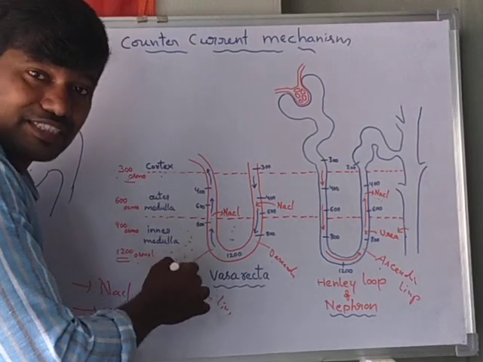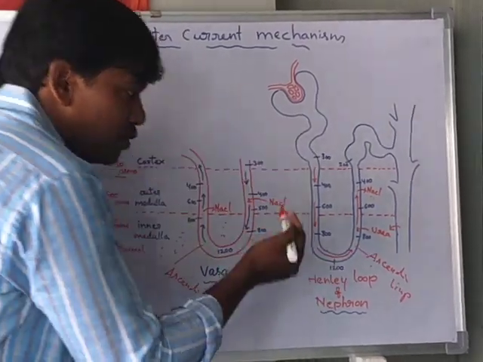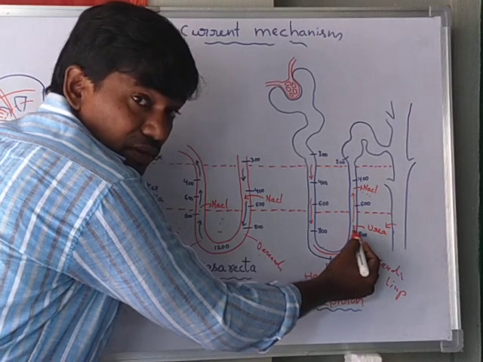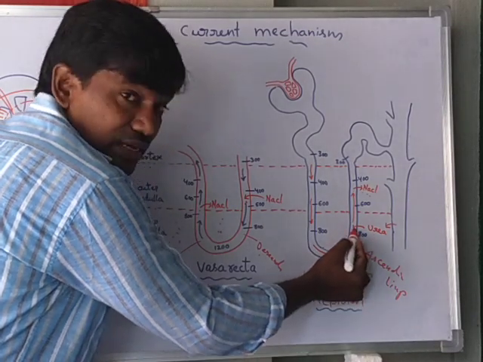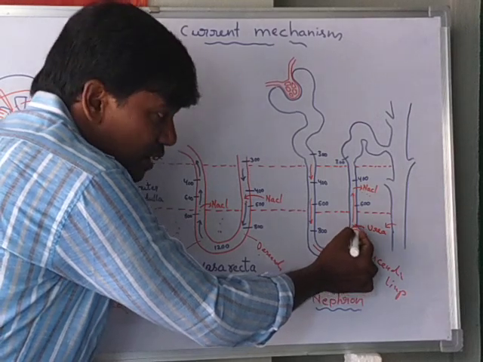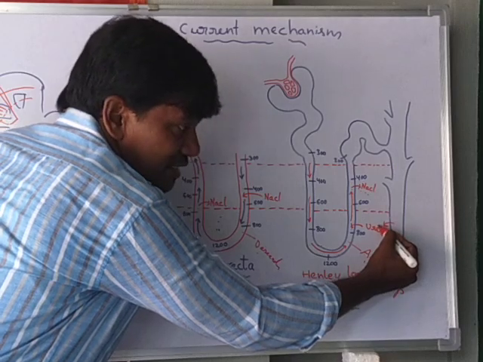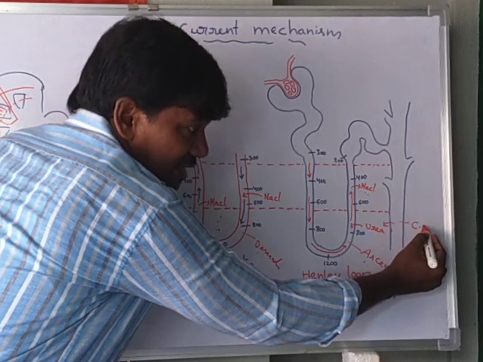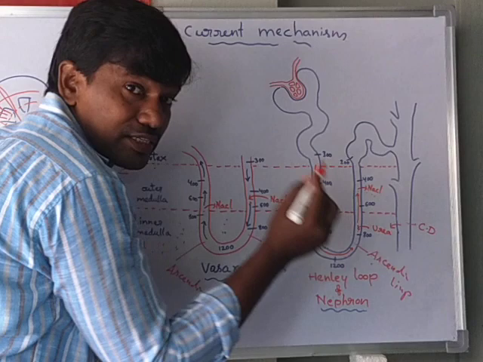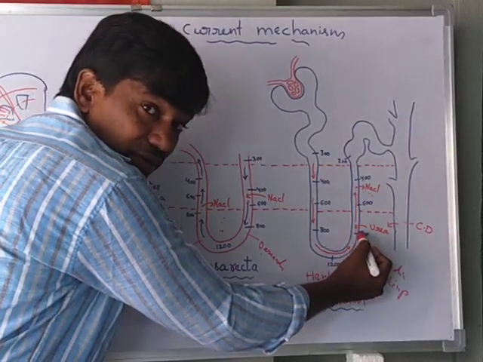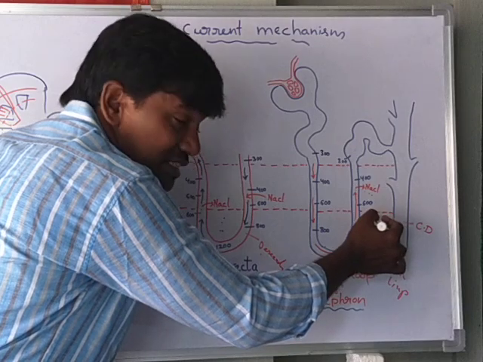A small amount of urea enters the ascending limb of the Henle loop and comes back into the interstitium by the collecting duct.